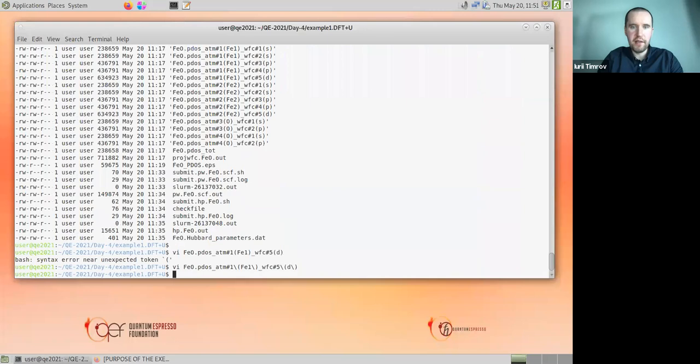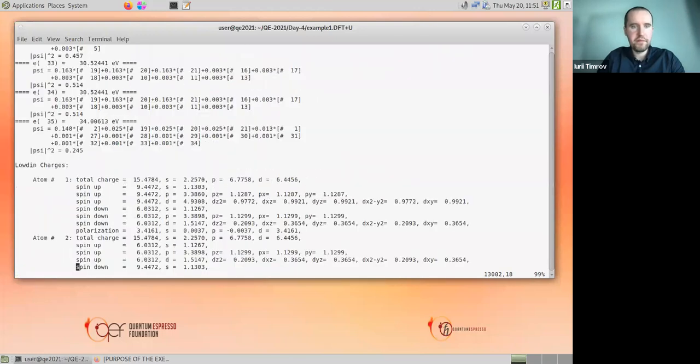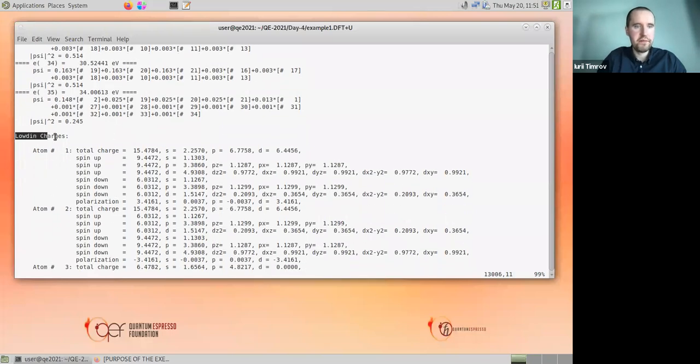Also, at the end of the PDOS output file, where is it? Should be proj output. At the end of this file, there is useful information, so-called loading charges.